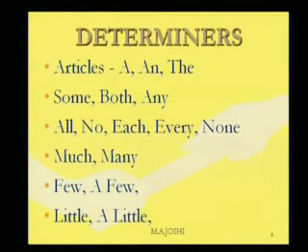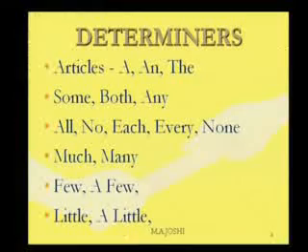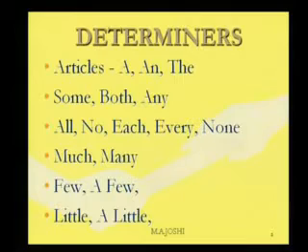So articles carry a and the, and at the same time some, both, any, all, no, each, every, none, much, many, a few, little, a little. All these are adjectives of quantity and number. Now we will do all the determiners one by one.